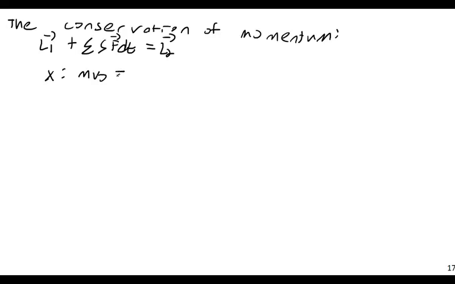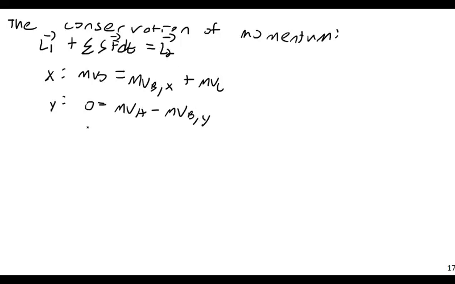We don't have any external forces, so this part is going to be 0 here. Equals mvb,x plus mvc. So the initial x momentum is equal to the x momentum of b plus the momentum of particle c. And then in the y, I can have 0 equals mva minus mvby.